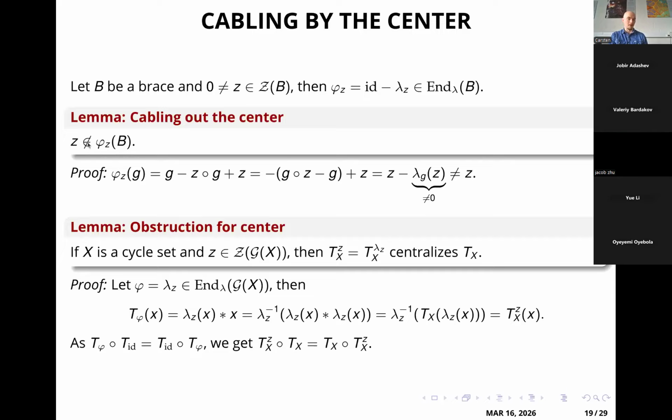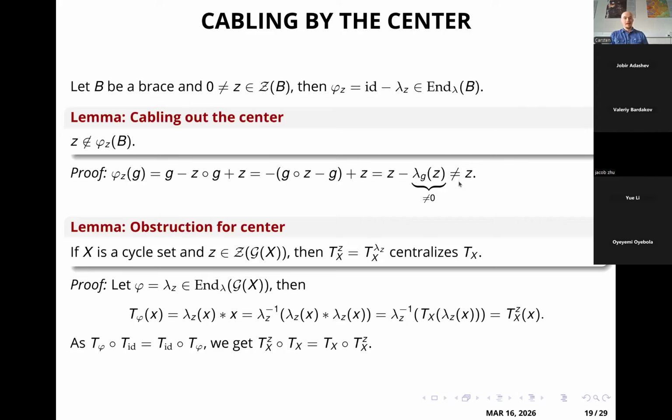This is a very useful property for proofs. And the proof is pretty easy. It is simply rewriting this as z minus lambda g of z. It turns out that this is never zero because under an automorphism, of course, a non-trivial element cannot be mapped to a trivial element. So we see that this is never equal to z.